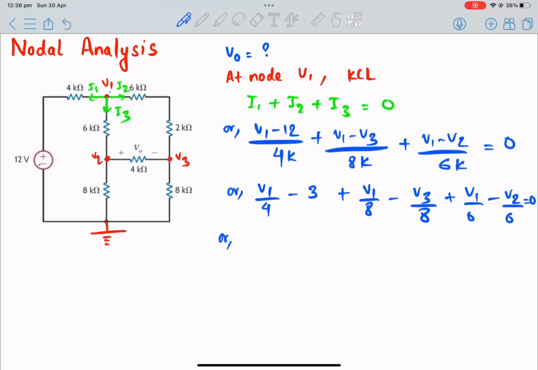So we get, let's take V1 on one side. 1 over 4 plus 1 over 8 plus 1 over 6 gives us 13 V1 over 24, and minus V2 over 6 and minus V3 over 8 equals 3.